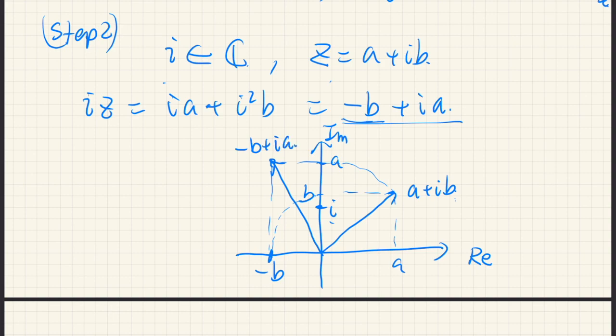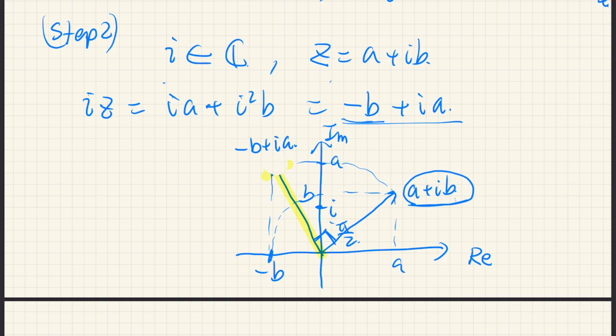And now we show that this resulting point is the rotation of this complex number by the right angle, that is pi over 2, half pi. To show that, we use the Pythagorean theorem.